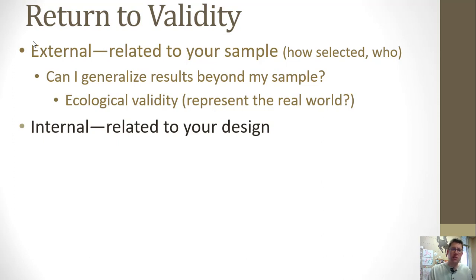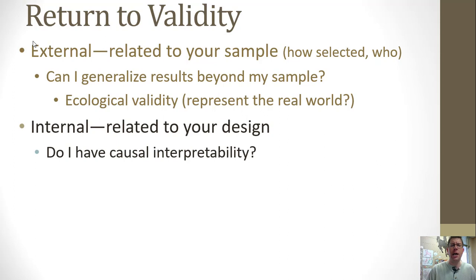And there's a couple different ways of thinking about internal validity. One way is, do I have causal interpretability? In other words, if you go back to one of the previous slides, those 4 criteria, in my design, am I meeting those four criteria? Once again, if you've got an experiment, you're probably meeting those four criteria.